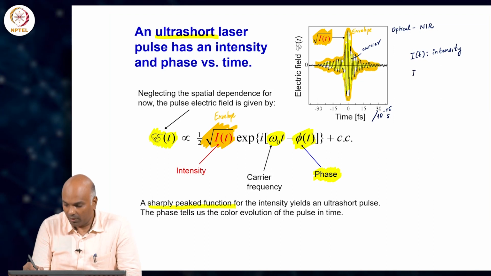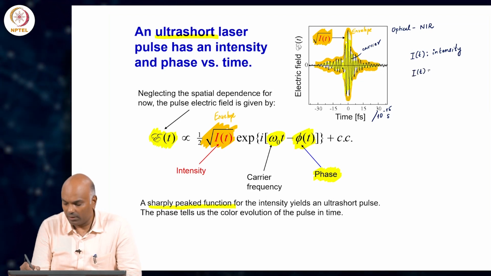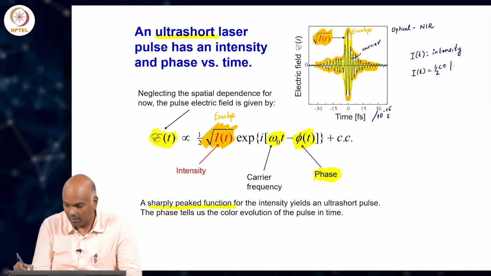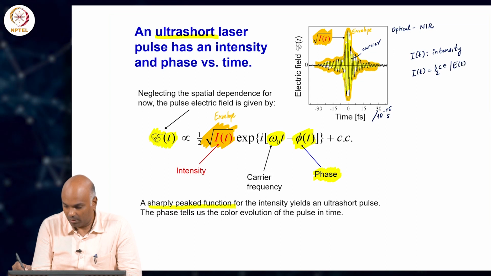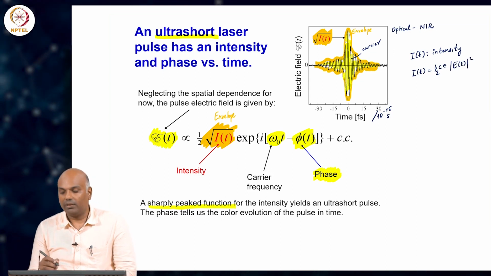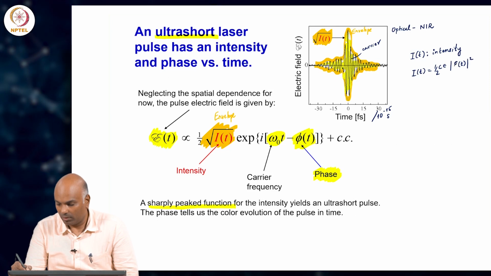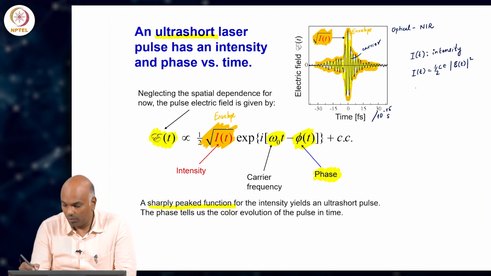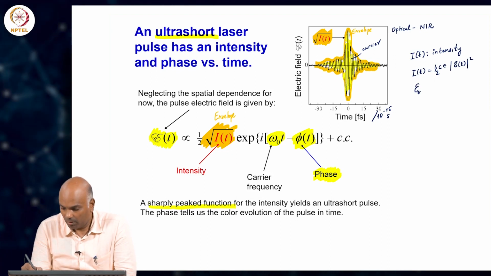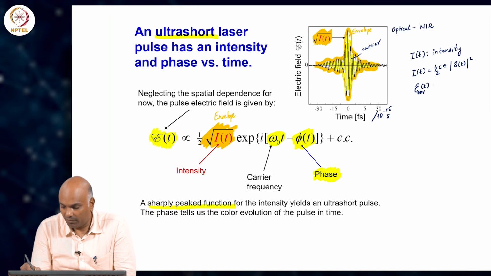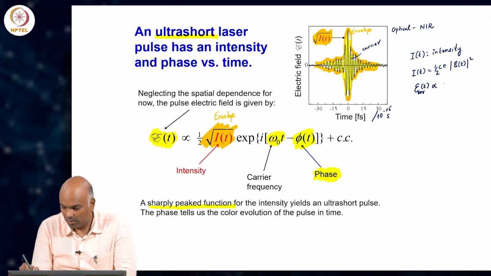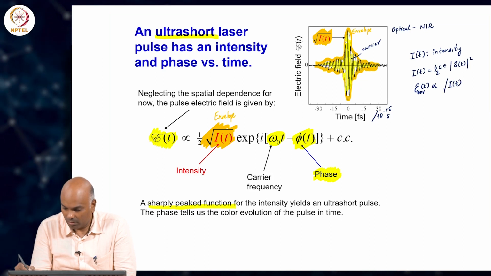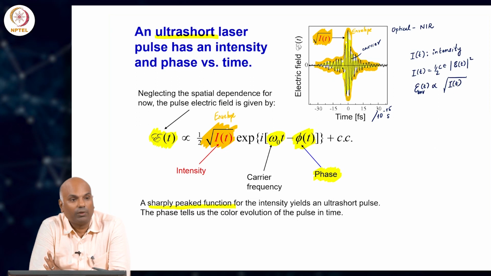So, because I of t per definition is in SI units 1/2 C epsilon the absolute value squared of the electric field E of t. So, for us here this is the electric field. So, therefore, the envelope of the electric field is a function which is proportional to the square root of I of t.